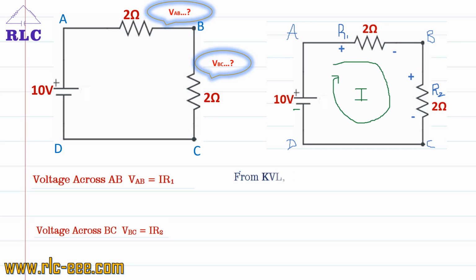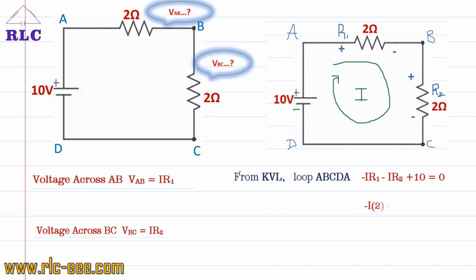From KVL, loop A, B, C, D, A: minus I R1 minus I R2 plus 10 is equal to 0. Current moving in the clockwise direction goes from higher potential to lower potential, so it is taken as negative. If you come across the battery, it is tracing from lower to higher, so it is mentioned as plus 10 volts.